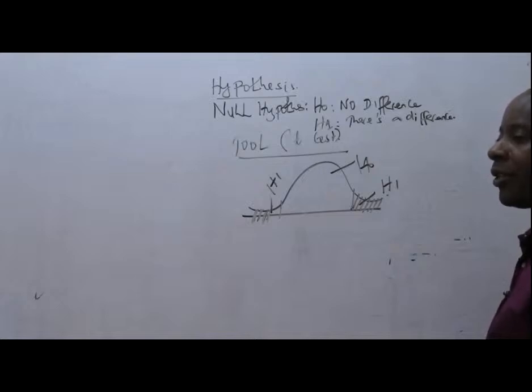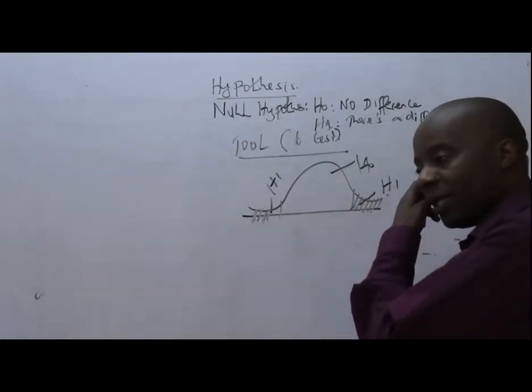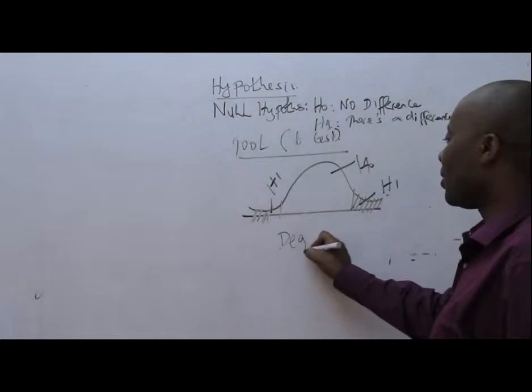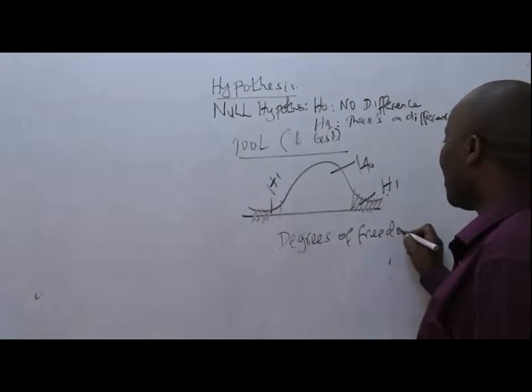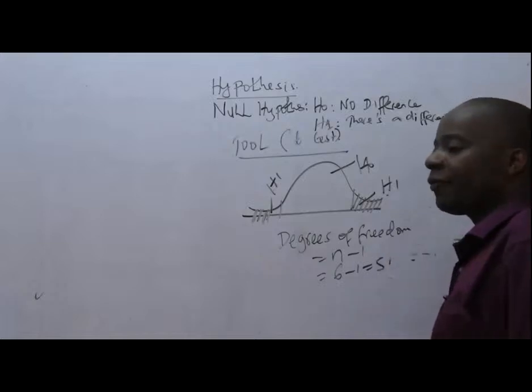After that, I will get degrees of freedom. Degrees of freedom is n minus 1, n is 6 minus 1, which gives me 5.